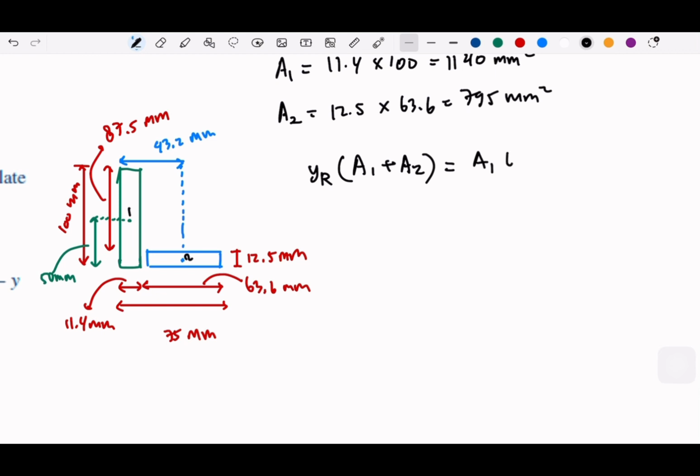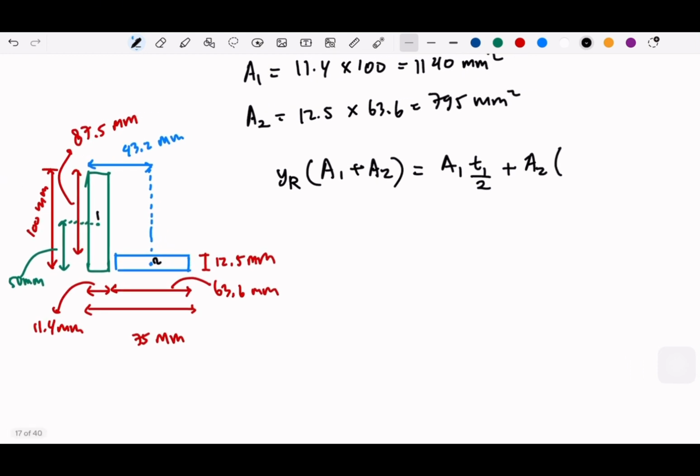Let me write T1 first, just to give you the notes. T1 over 2, which is at the half, okay, which means it's supposed to be the 50. And then plus A2 multiply with T1 plus L2 over 2.